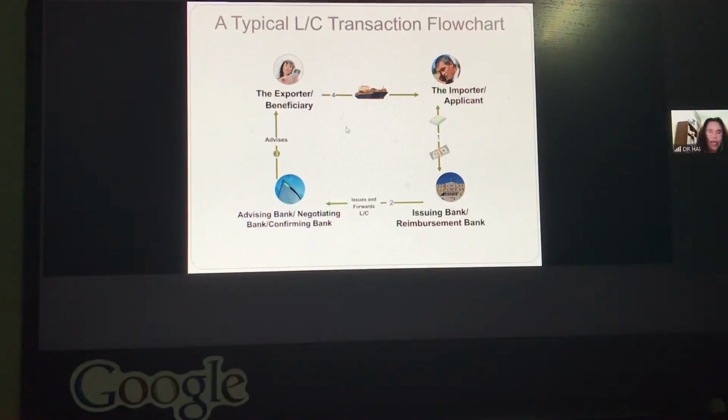But it doesn't mean that it is the same as step number 4. If he checks the documents and thinks that the content of the LC is not good for him, not safe for him, or the content of the LC is different from the content of the sales contract, of course the exporter will never ship the goods.